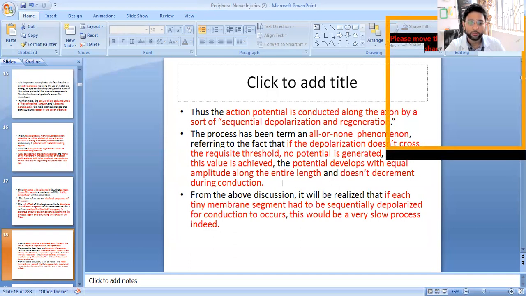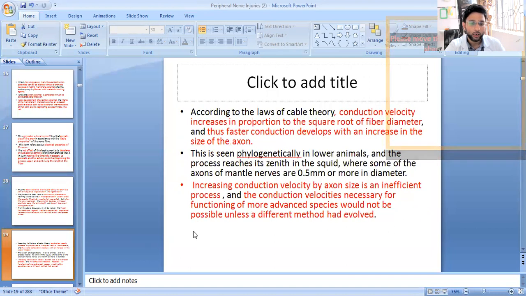From the above discussion, it will be realized that if each tiny membrane segment had to be sequentially depolarized for conduction to occur, this would be a very slow process indeed. According to the laws of the cable theory, conduction velocity increases in proportion to the square root of fiber diameter, and thus faster conduction develops with an increase in the size of the axon.